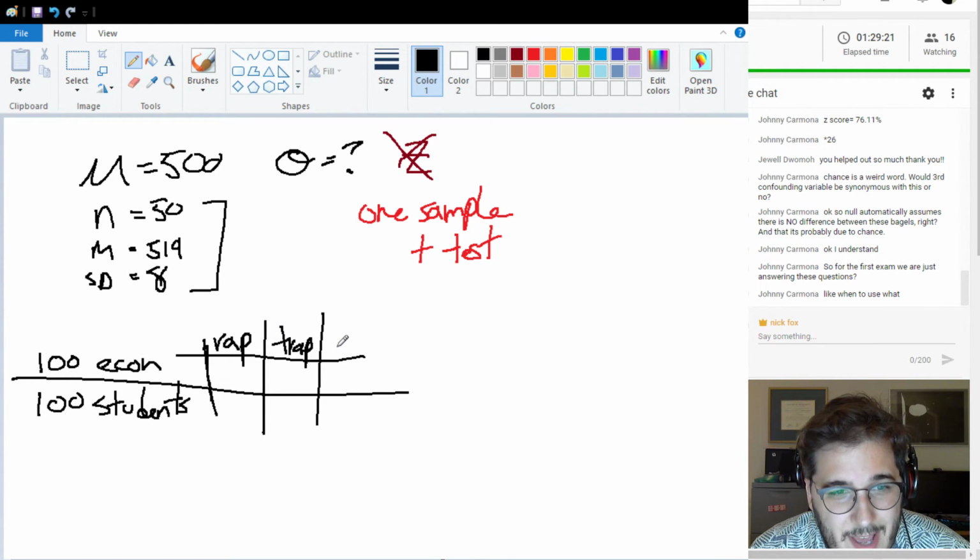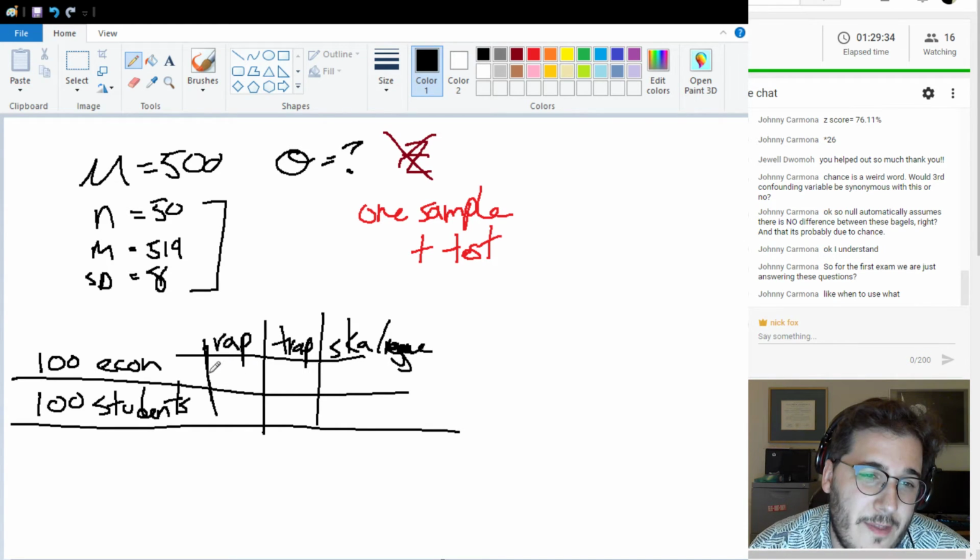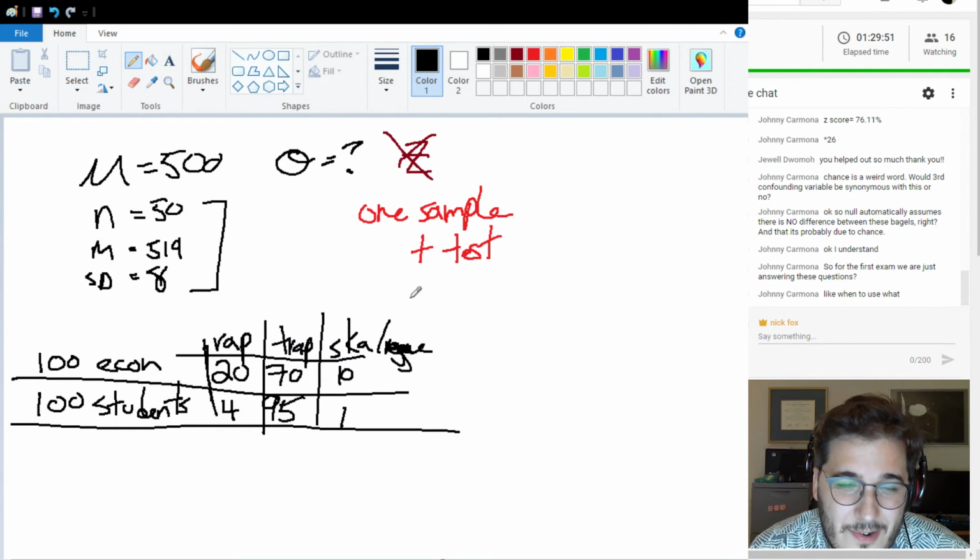Sure, trap, and my favorite genre, ska/reggae. Not spelled right, but you get the idea. So I asked these people, and we found that 20 economists like rap, 70 economists like trap, and 10 economists like ska/reggae. Whereas here, it's probably even larger, 95, 4, and 1. This is about how it shakes out.